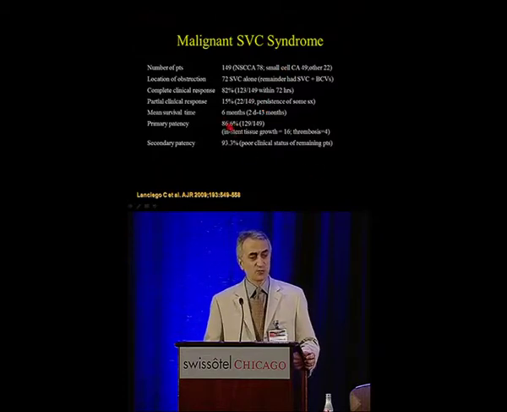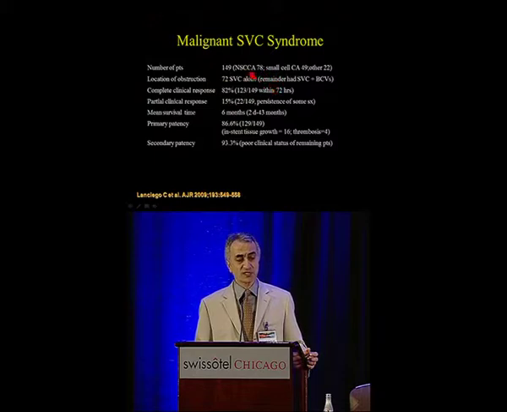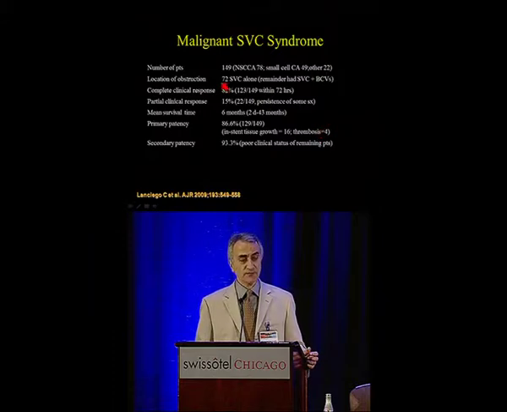Malignant SVC syndrome, this is one of the largest papers out there in terms of the data on stenting, 149 patients. Note that most of these were small cell and adenocarcinomas, with only 22 being of other. Some of those were lymphoma. 72 were only SVCs, the remainder had SVC and brachycephalic veins.